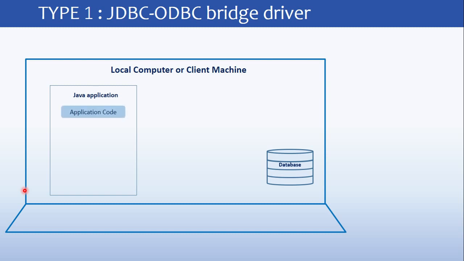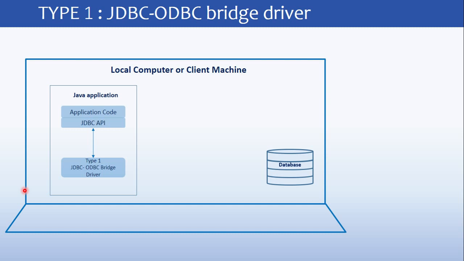I have written application code, and with the help of the JDBC API I am trying to communicate with the type 1 driver, because I know that the type 1 driver helps me to communicate from my Java application to the database. So I have established a connection from my application code to the type 1 driver through the JDBC API.